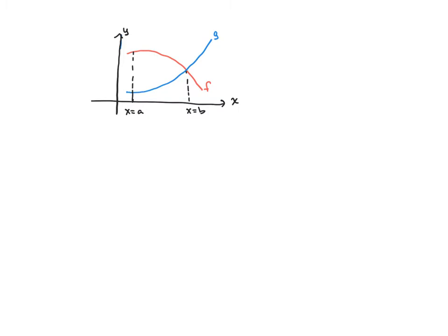If we use vertical rectangles to approximate the area under the graph of f, the definite integral from a to b, we would take a vertical rectangle with a width of delta x, which is really tiny, and we could represent the area of the kth rectangle.